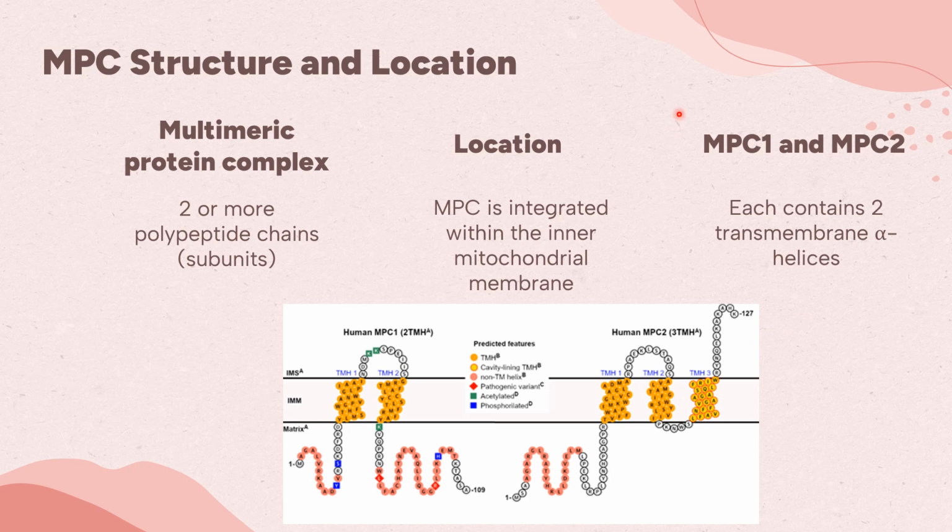The location is obviously going to be integrated within the inner mitochondrial membrane, which allows it to connect to the outside, like the cytosol, and bring it into the matrix. In humans specifically, we have the MPC1 and MPC2, and each of these is going to contain 2 transmembrane alpha helices.